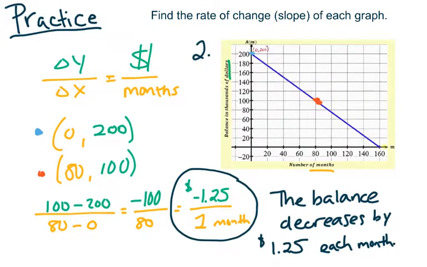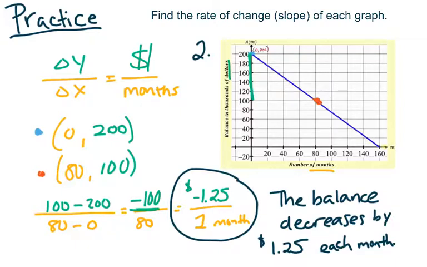So here's the answer to this second practice problem. Again, I used this blue point and this red point. When I subtracted the y values to find the change in y going down the y-axis, I got negative 100. It decreased from 200 to 100 going down, so that's why it's a negative number here.